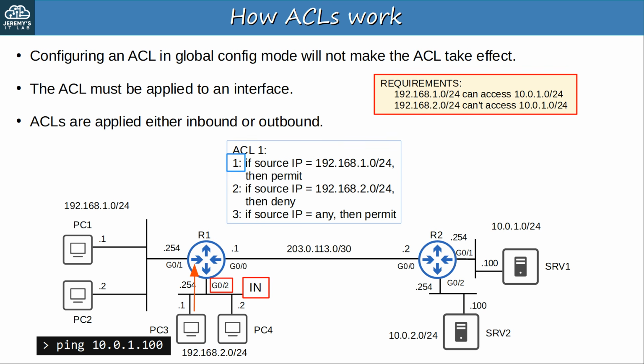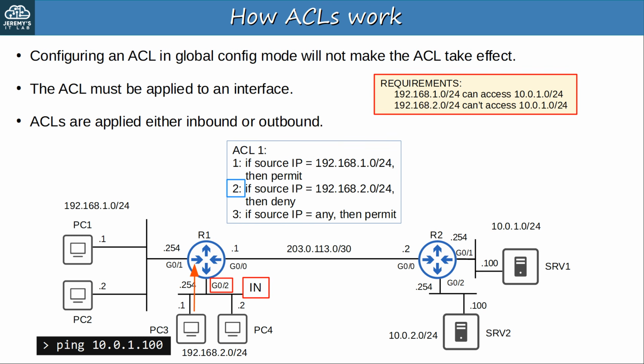If source IP equals 192.168.1.0/24, the source isn't in that subnet, so it checks the next entry. If source IP equals 192.168.2.0/24, the source is 192.168.2.1, which is in 192.168.2.0/24, so there's a match.